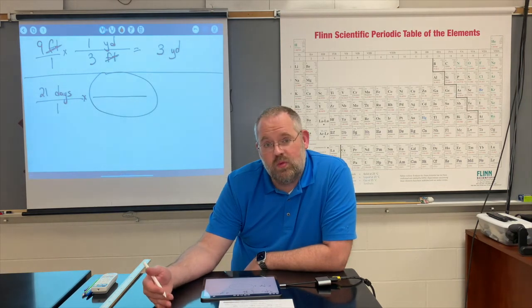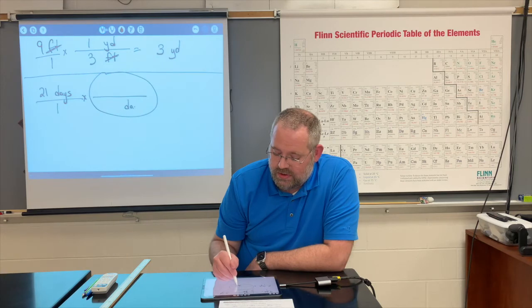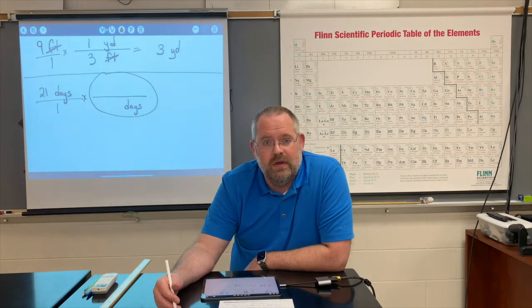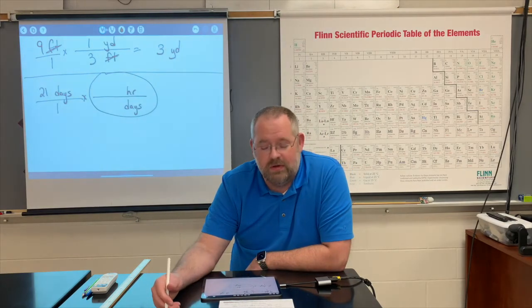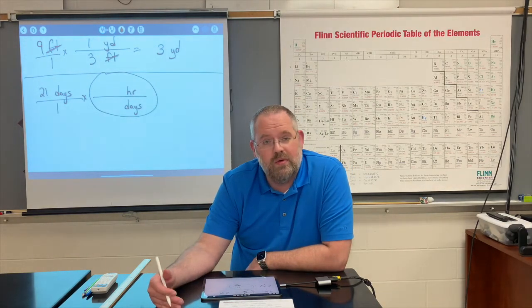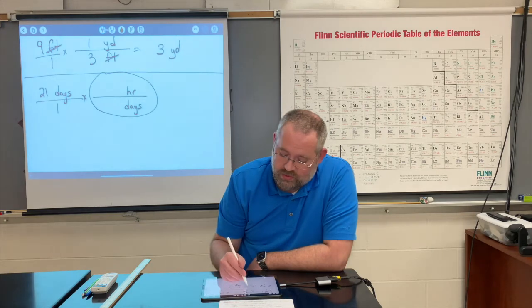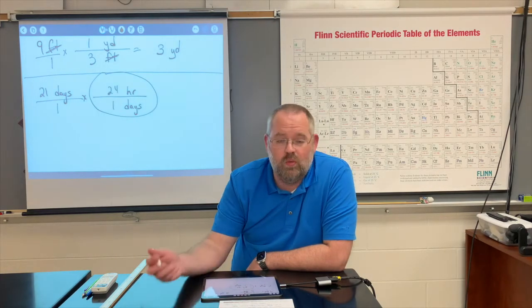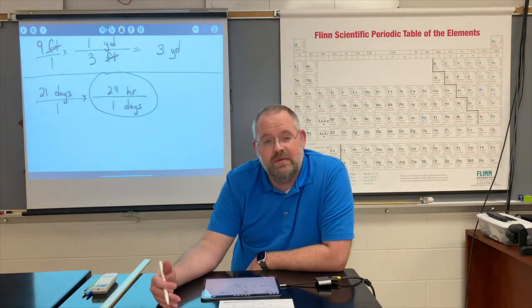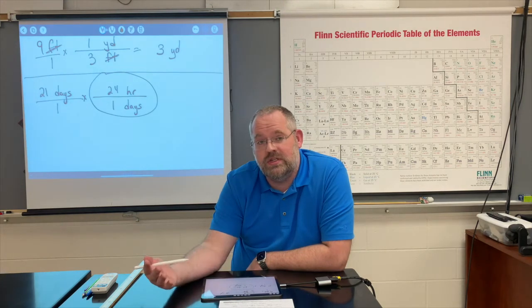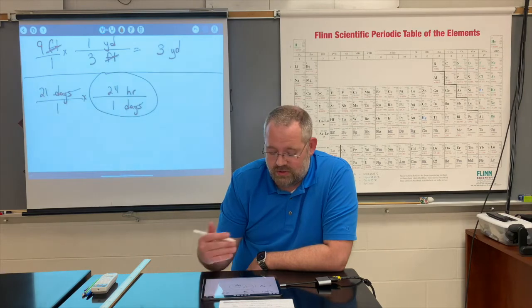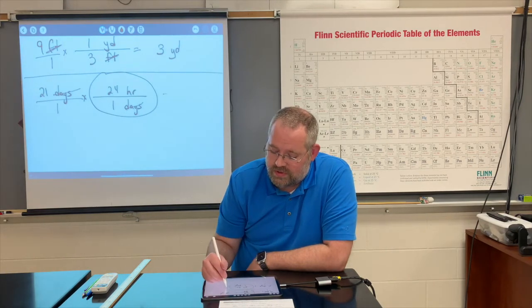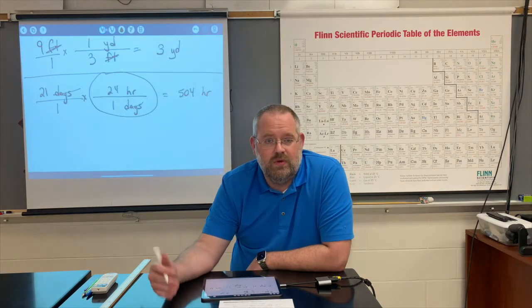I want to get rid of days, so I put days in the denominator. And I'm asking for hours, so I put hours in the numerator. Well, how many hours in how many days? There are 24 hours in one day. That's the same thing as 1. So I'm not changing my value, but my units are canceling. So 21 times 24 is going to give me 504 hours in 21 days.